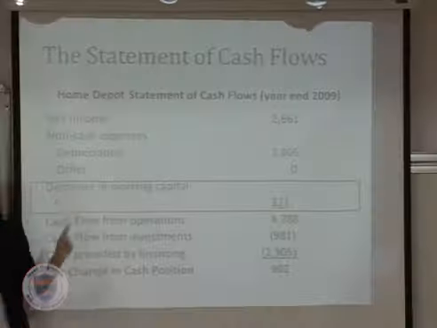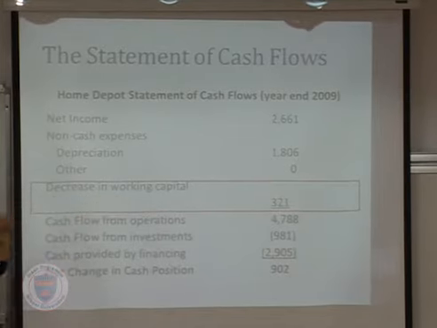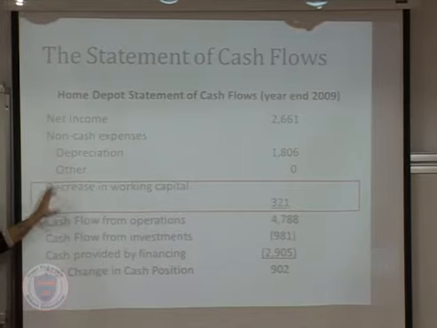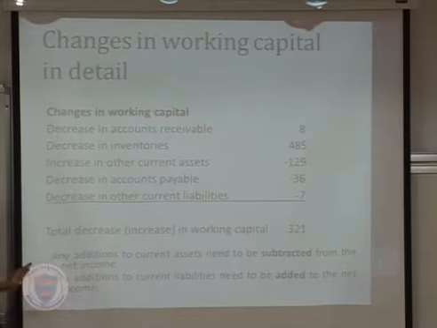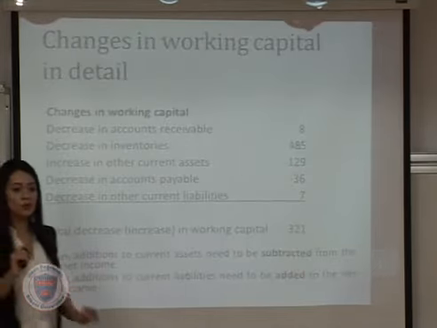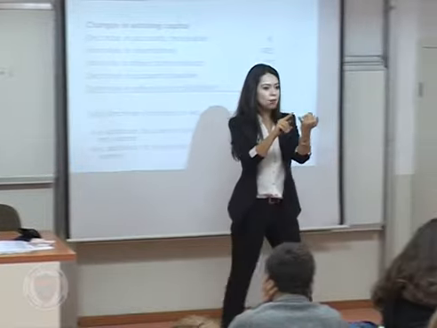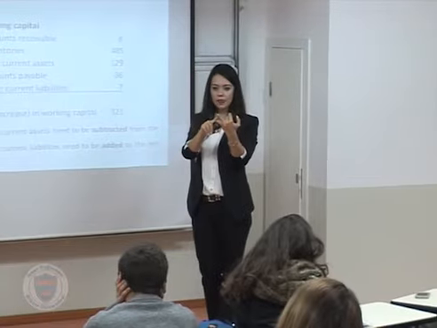Okay, so you had a decrease in working capital, which reflects in a cash inflow. And once you understood all of those things, you're already done with cash flow from operations. So add back the depreciation, make the modifications for working capital.